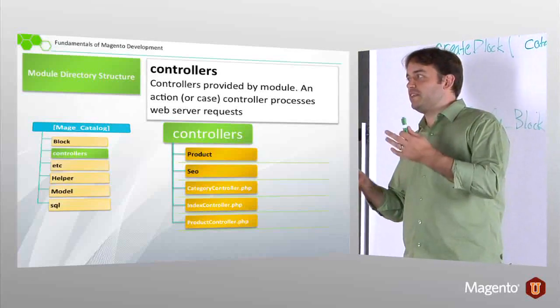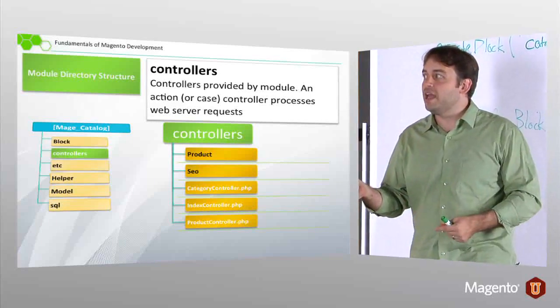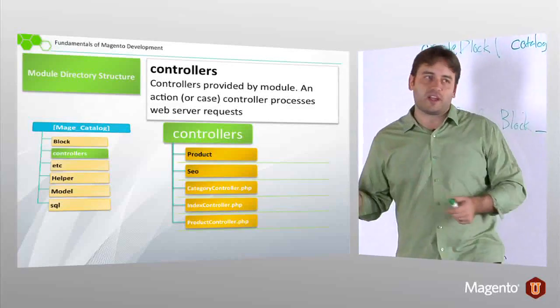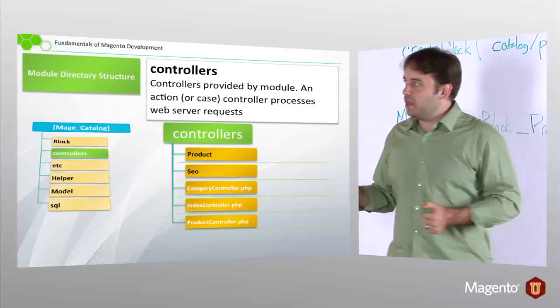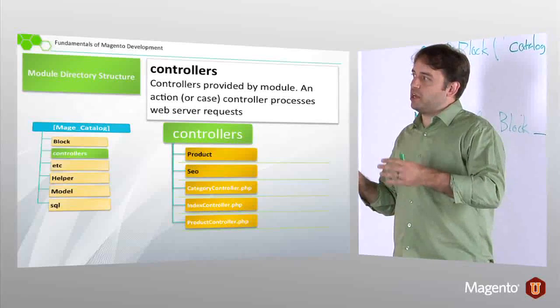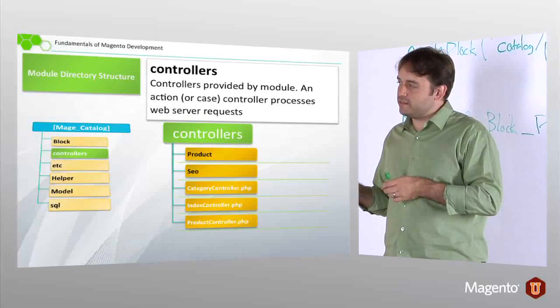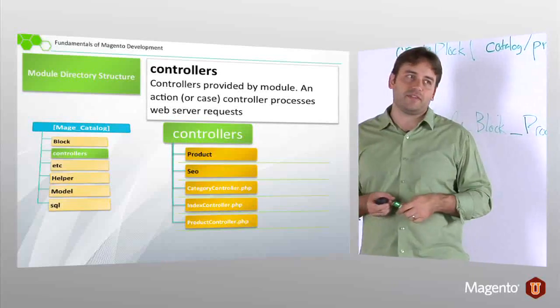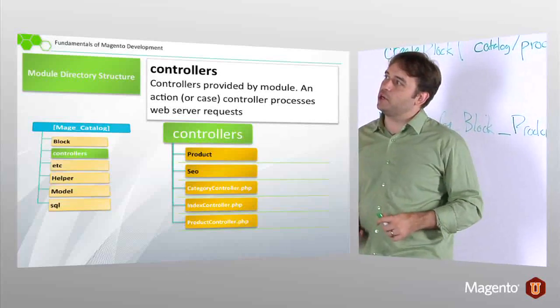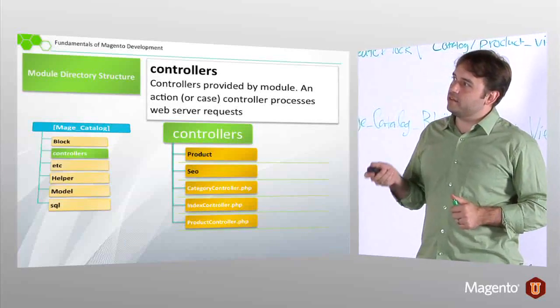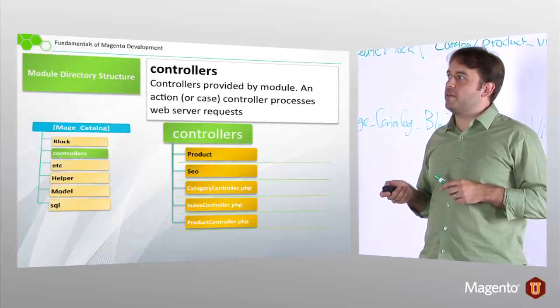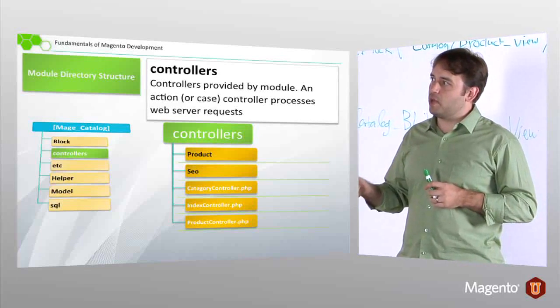Once we get to the controllers folder, it's more like a conventional routing system, in that these are matched based on paths. Of course, we'll look at that in detail later. But for now, just remember that the controllers are not included by the autoloader, whereas block, helper, and model are.